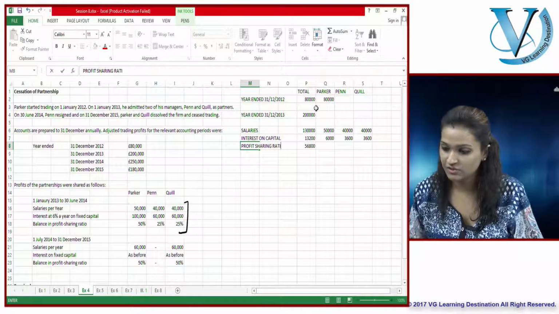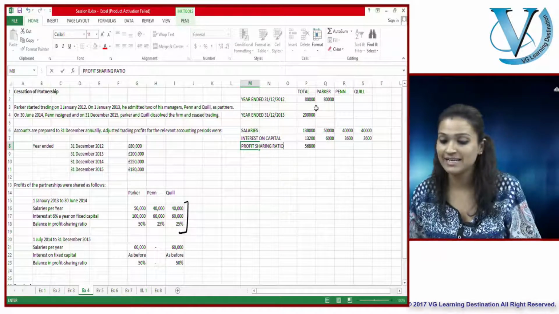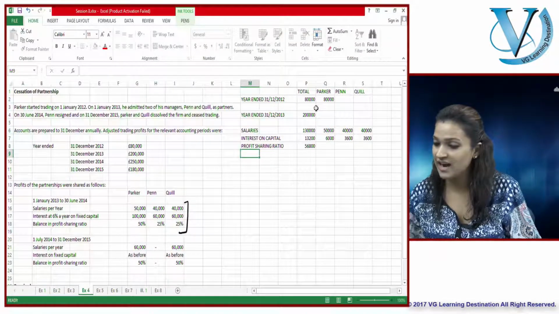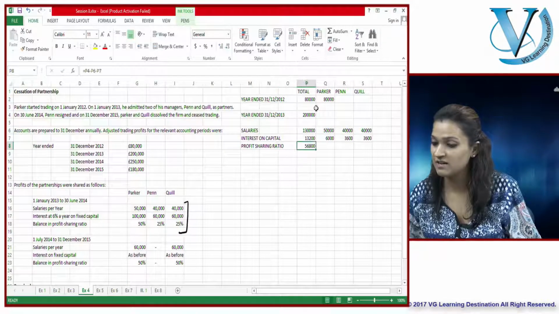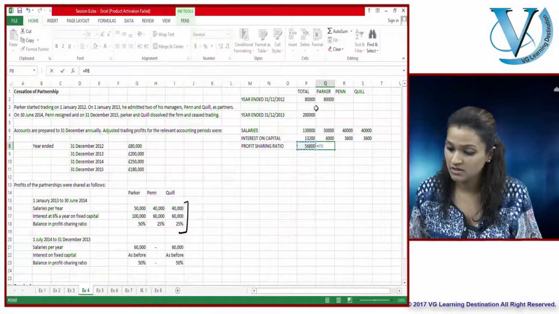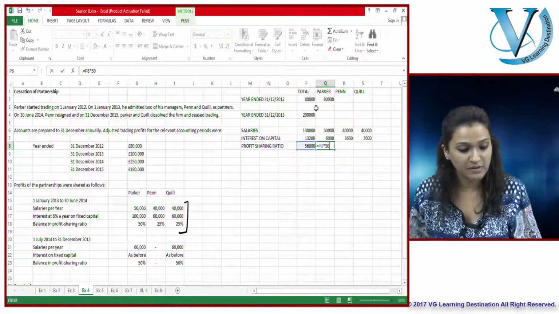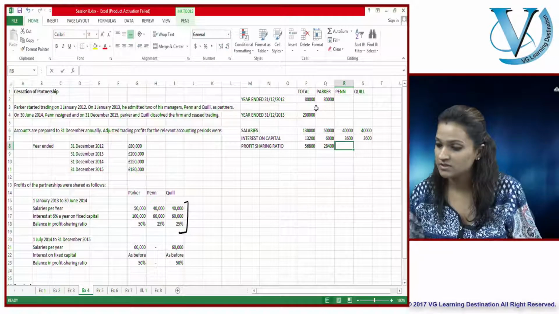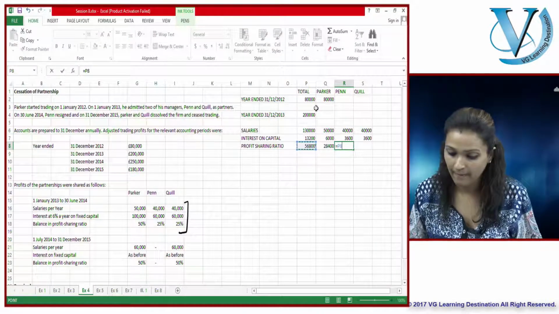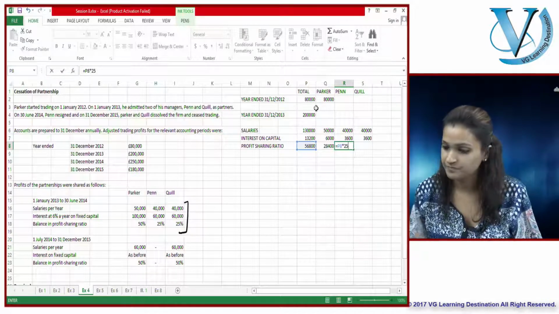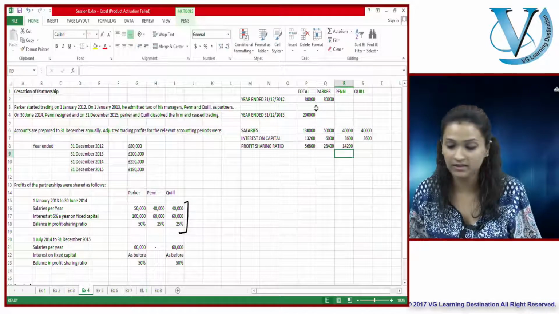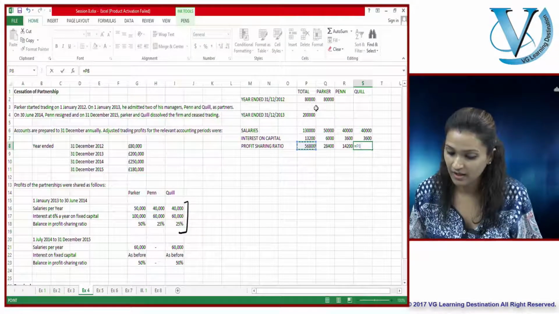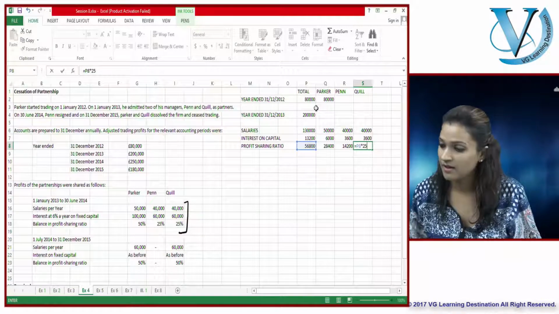in the profit sharing ratio, which is 50%, 25% and 25%. So let's divide this 56,800 pounds into 50%, 25% and another 25% here.